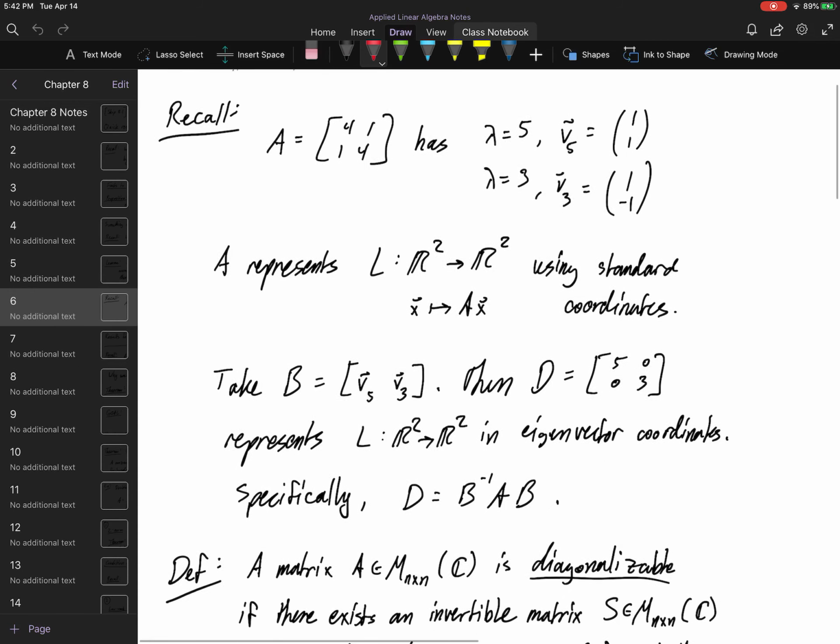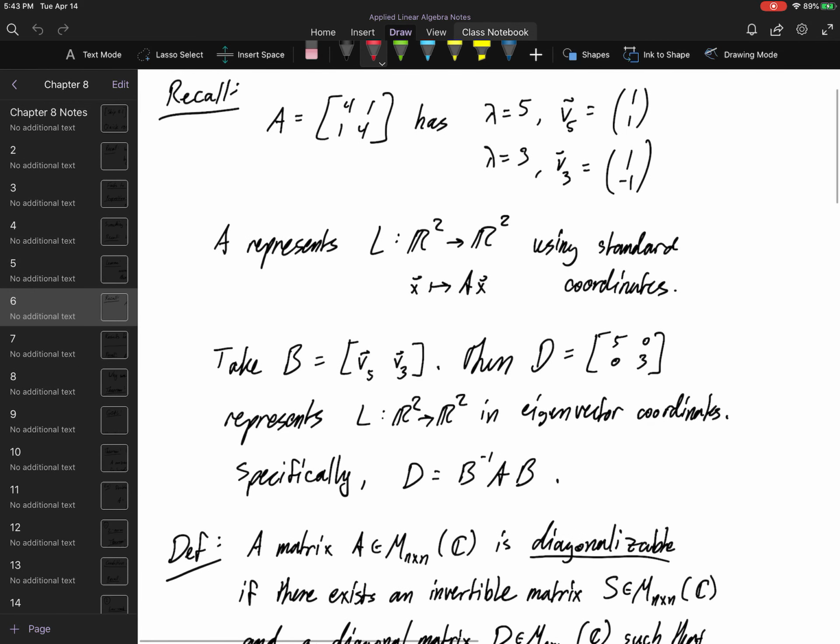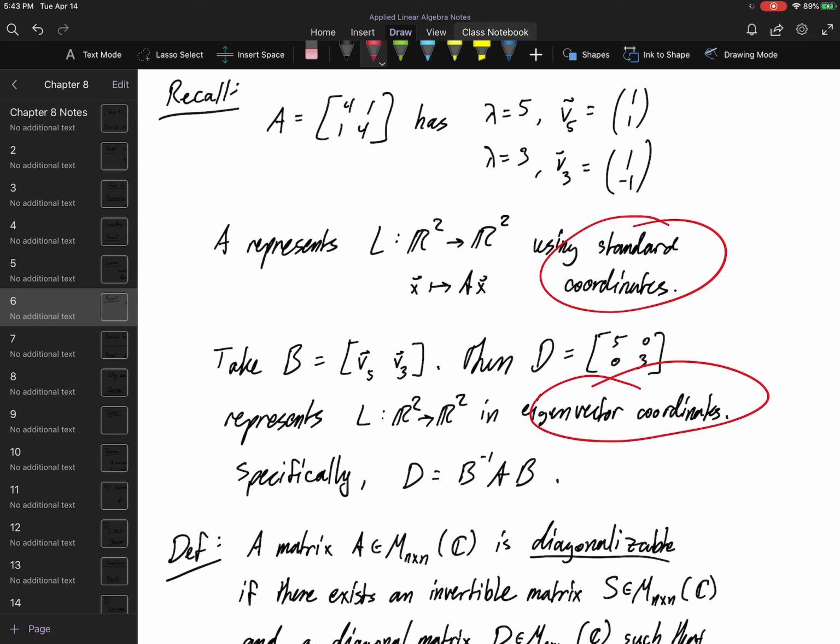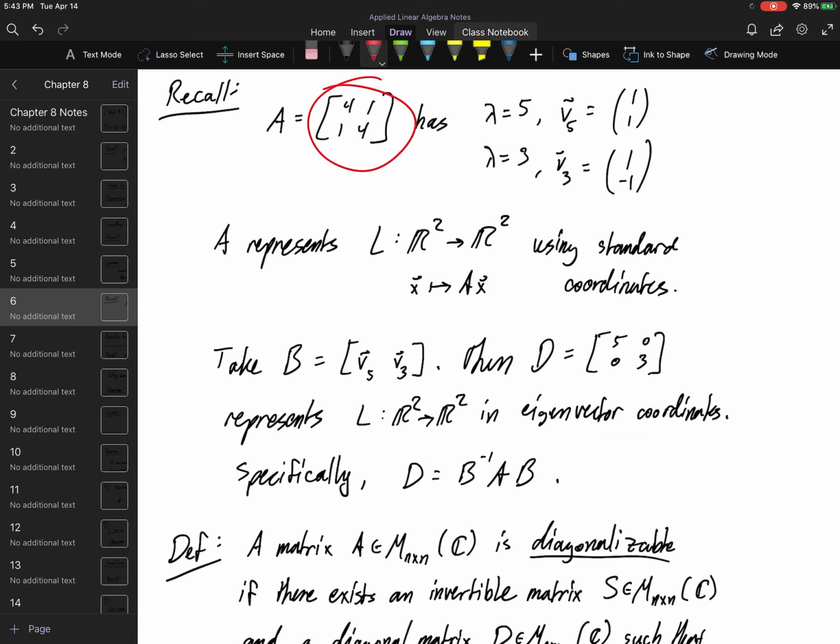So specifically, I can go ahead and represent this matrix operation, this choice of coordinates here. So the map that sends R^2 to R^2 via a matrix multiplication by A, if I were to change coordinates away from the standard coordinates to eigenvector coordinates, then the matrix representation of this linear transformation changes.